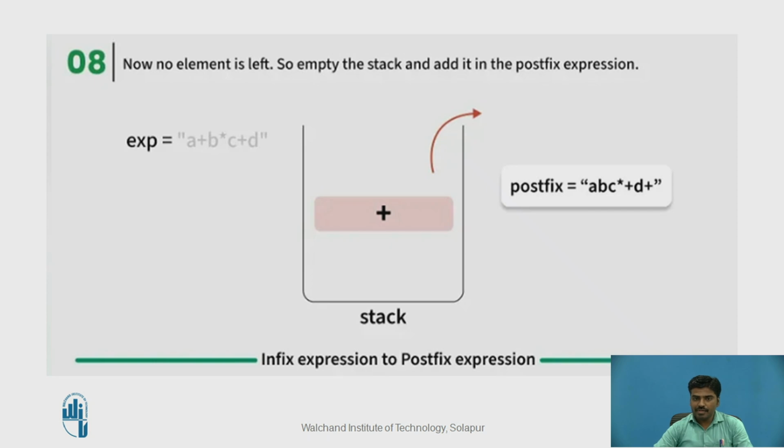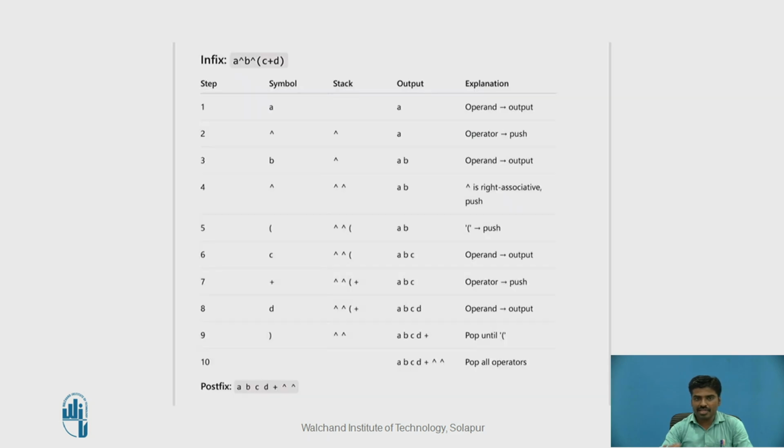And if right associative, for example, the stack contains raised to and you check with raised to, that is the same priority, but raised to is right associative. For that, you have to push raised to on the top of another raised to, meaning the stack contains two raised to symbols. This example and this important point should be noted. And now you have to check another example.